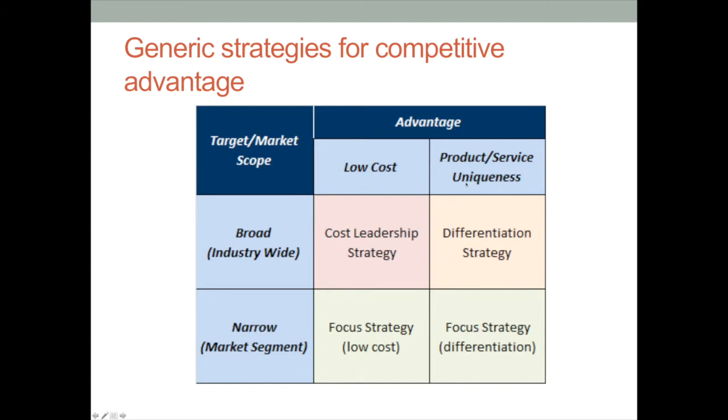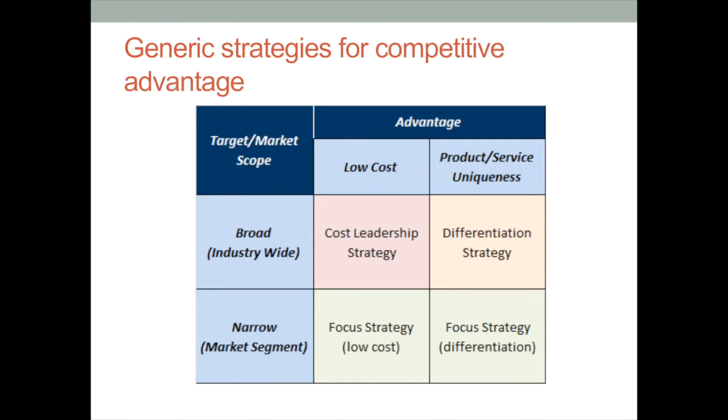The other, you're increasing willingness to pay. The other division here is between having a broad strategy, which reaches many segments of a market, and a narrow strategy that only focuses on one niche. For example, there are some airlines that focus exclusively on business travelers as opposed to your general traveler. That would be a niche in the air travel segment.